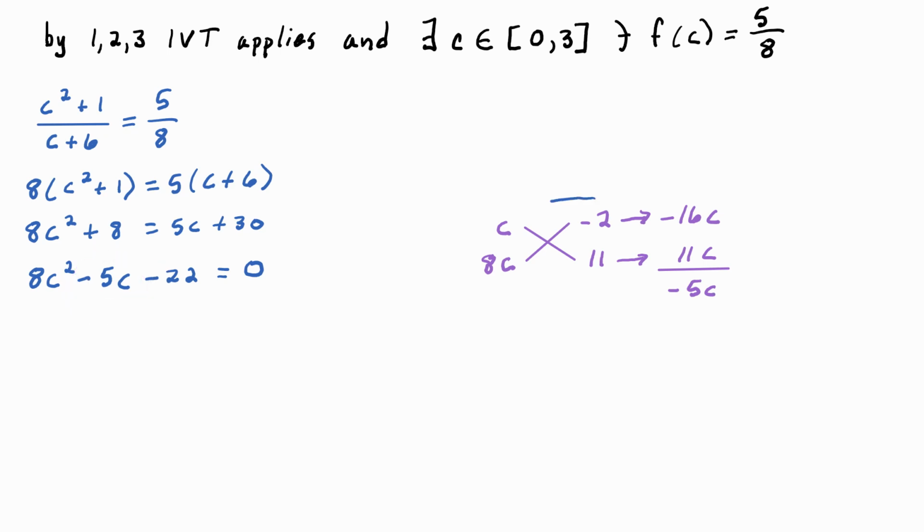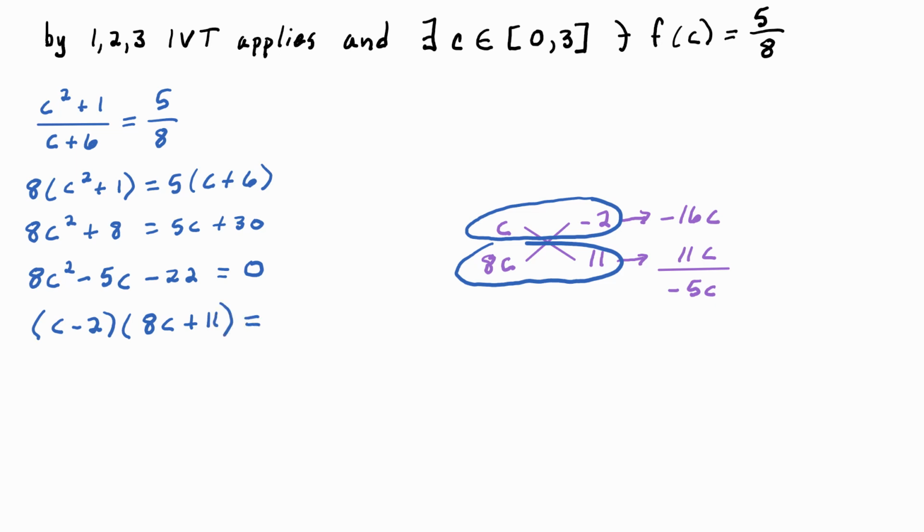So then this tells us that we will take the quantity C minus 2 times the quantity 8C plus 11 equals 0.